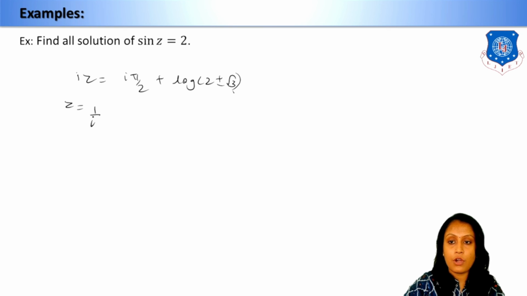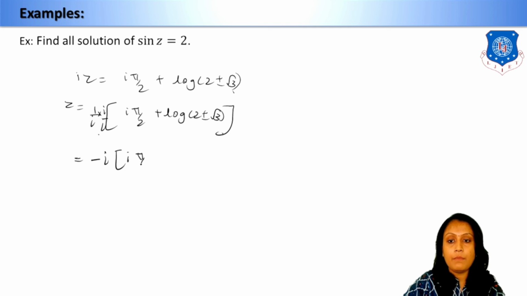So z is what? 1 upon i into (i pi by 2 plus log (2 plus or minus root 3)). Alright, now multiply and divide it by i. So in the denominator we have i square, that is minus 1. So this is minus i into (i pi by 2 plus log (2 plus or minus root 3)).